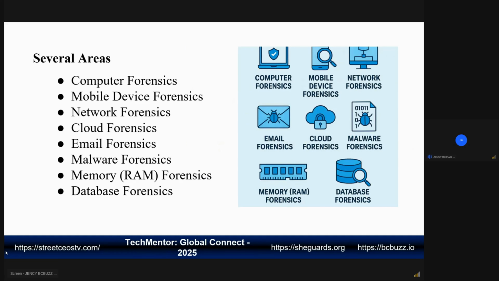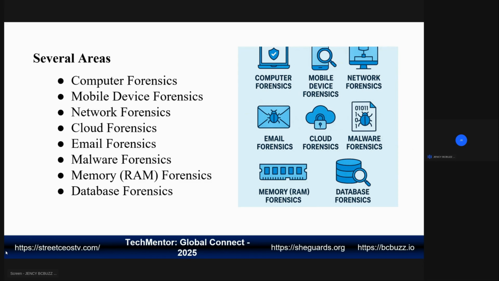Now that we know what digital forensics is and why it is important, let's dive a bit deeper. Digital forensics is actually a broad field and it includes several specialized branches, each focusing on specific types of technology or evidence. The first one is computer forensics.